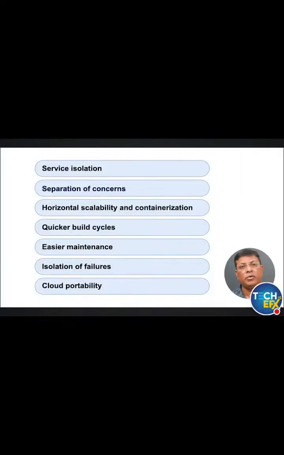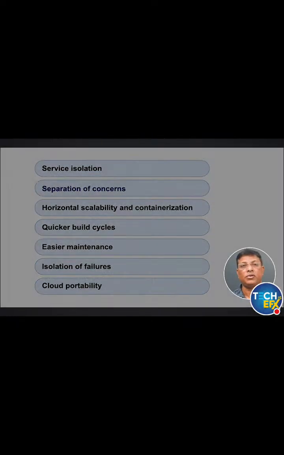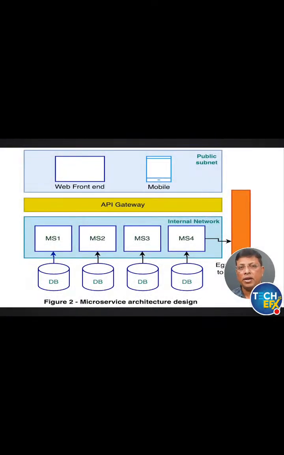To start with is service isolation, separation of concerns, horizontal scalability and containerization, quick build cycles, easier maintenance, isolation of failures, and cloud portability, etc. This design has helped to solve many issues with the traditional monolithic applications, but at the same time it introduced the following security challenges.